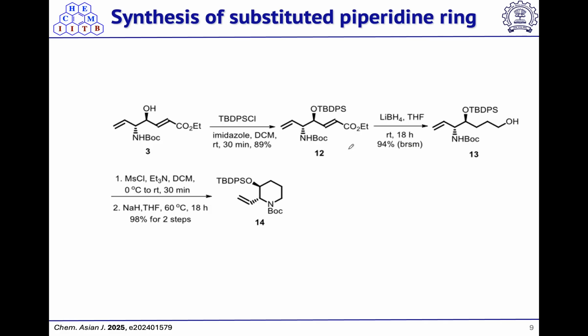LiBH4. Lithium borohydride in THF will give this compound 13. So this is the reduction of both the ester and this alpha beta unsaturated double bond.